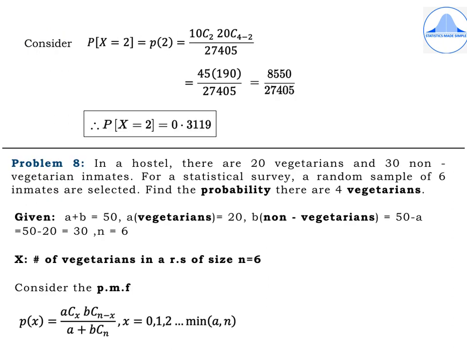Now we need to find the probability that 2 fishes are marked ones. In other words, we need to find out probability of capital X equal to 2, which is equal to small p of 2. Now in the PMF, wherever you have X, replace it by 2.